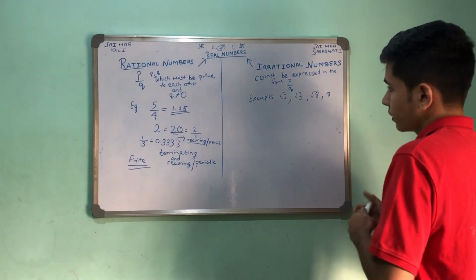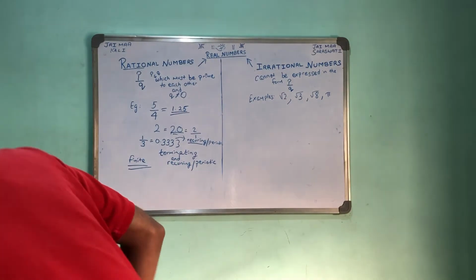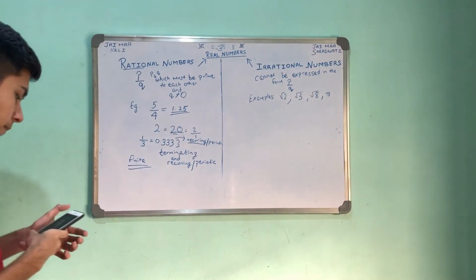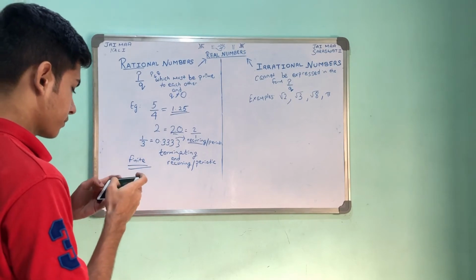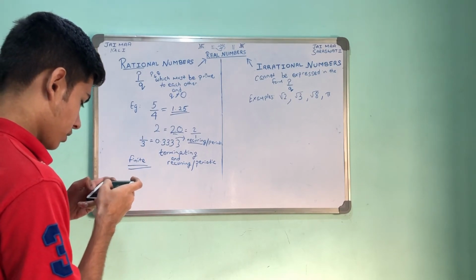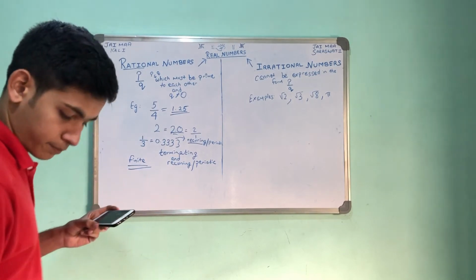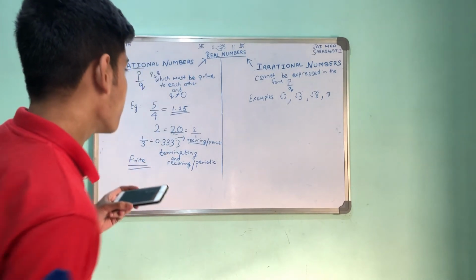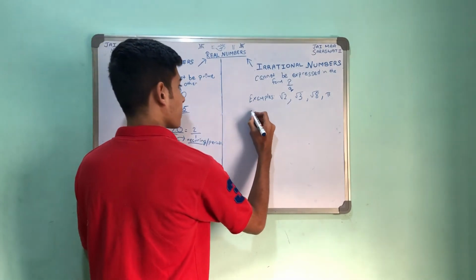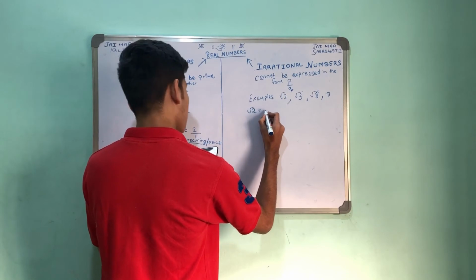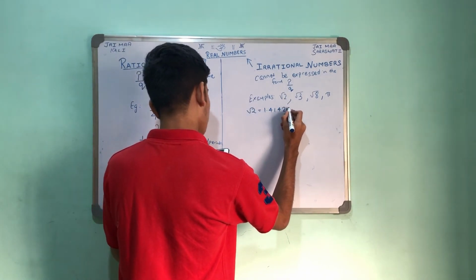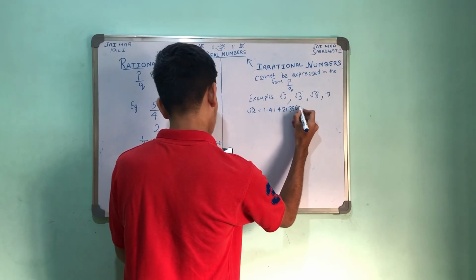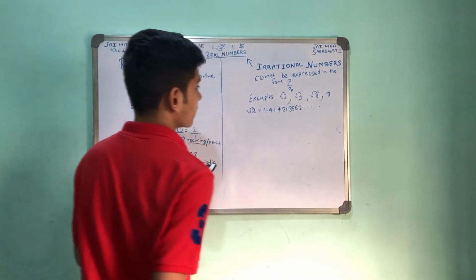Further, putting this in decimal form, root 2 can also be written as 1.41421356 and so on.